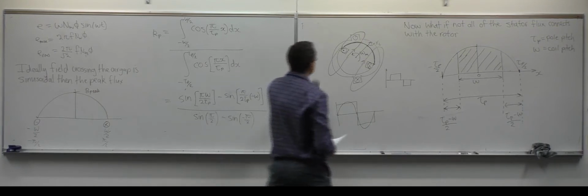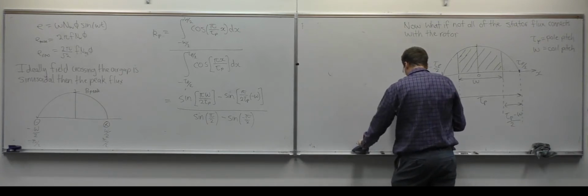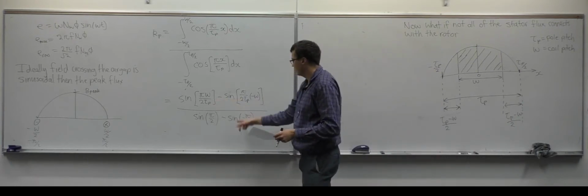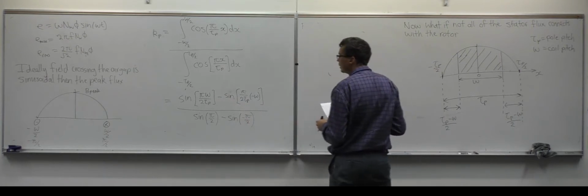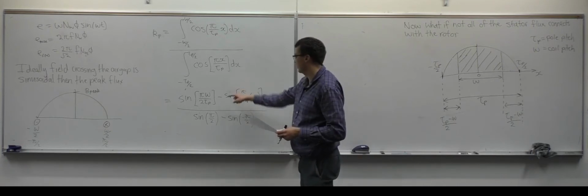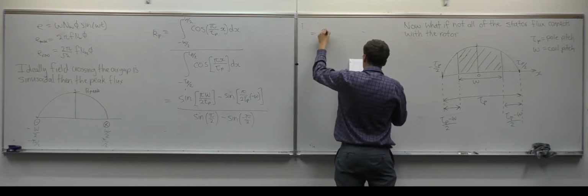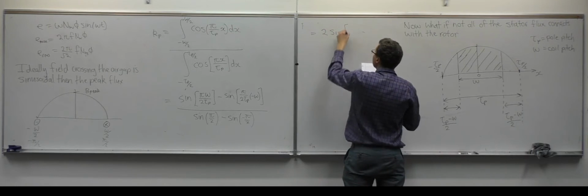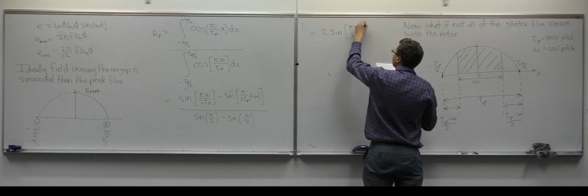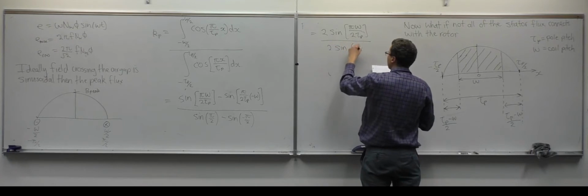And then if you rearrange that a little bit, you can use a trig identity. This is a minus here, so this can come out, and so then you end up with 2 sine pi W divided by 2 TP, divided by 2 sine pi over 2.